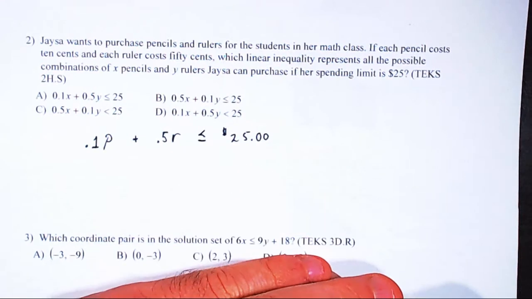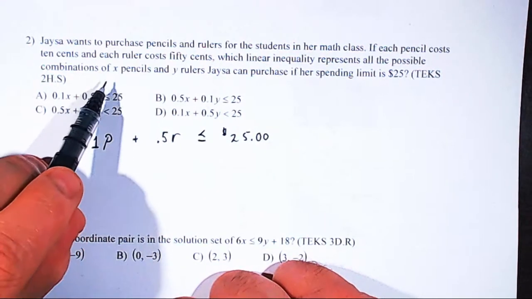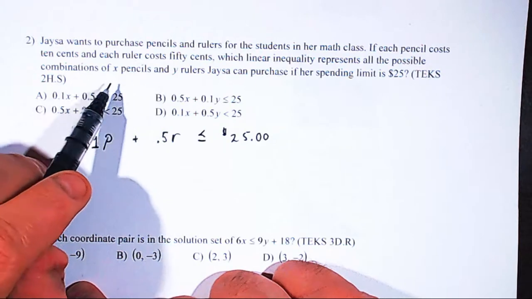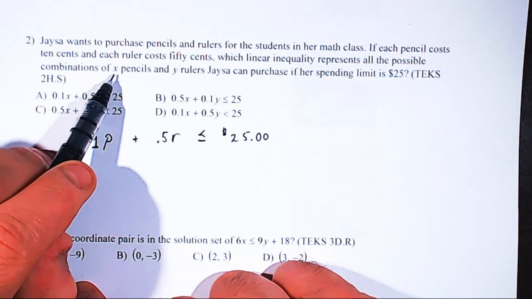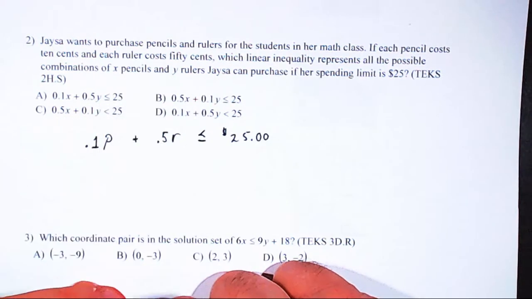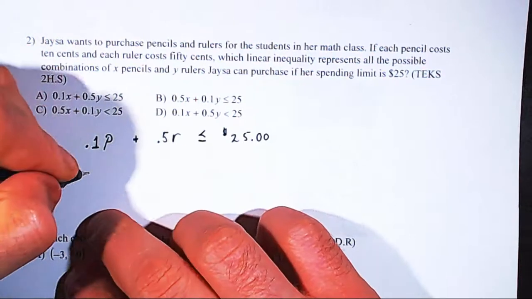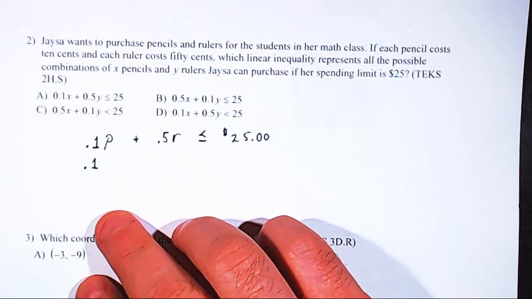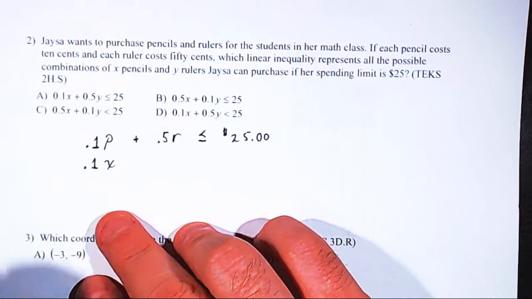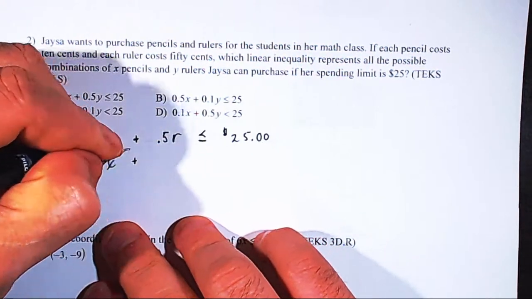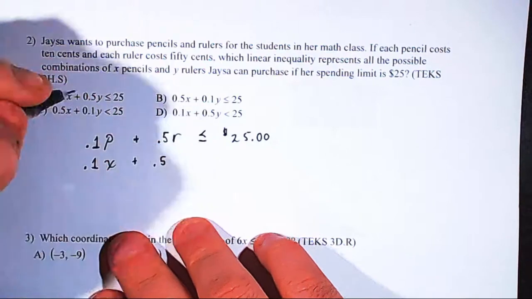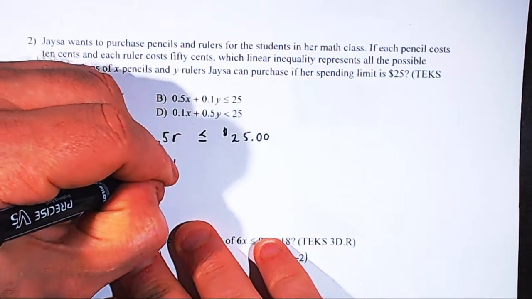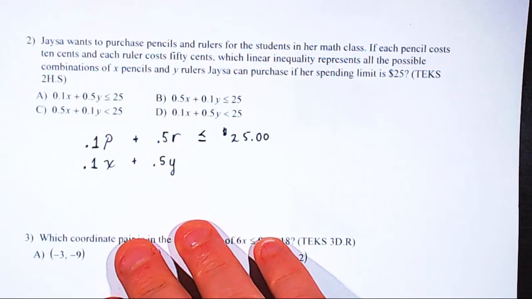So we're kind of done, except for the fact that we have this last clause that says pencils are X and rulers are Y. So just like the previous problem, we'll change these variables: 0.1x for pencils plus 0.5y for rulers.